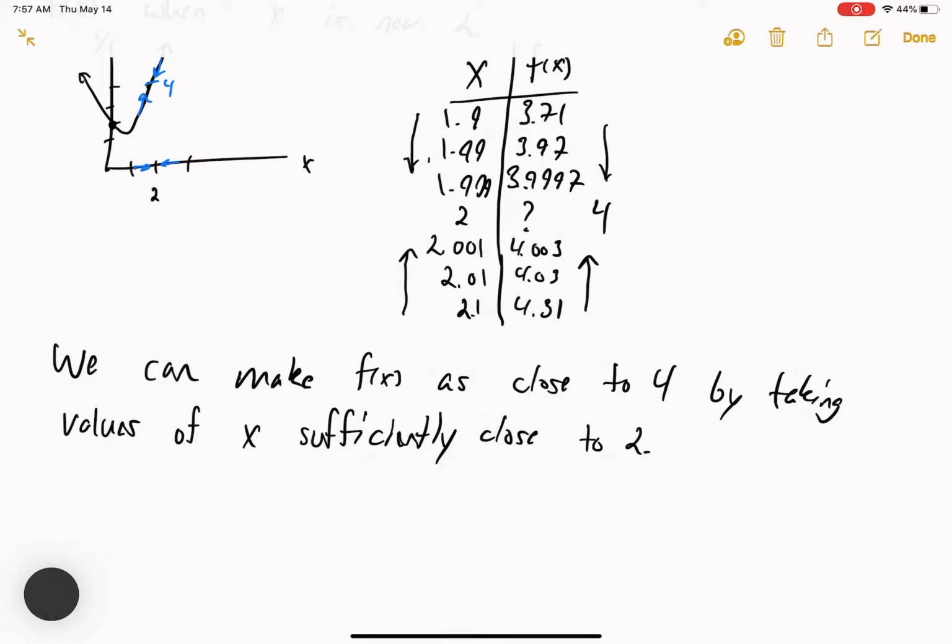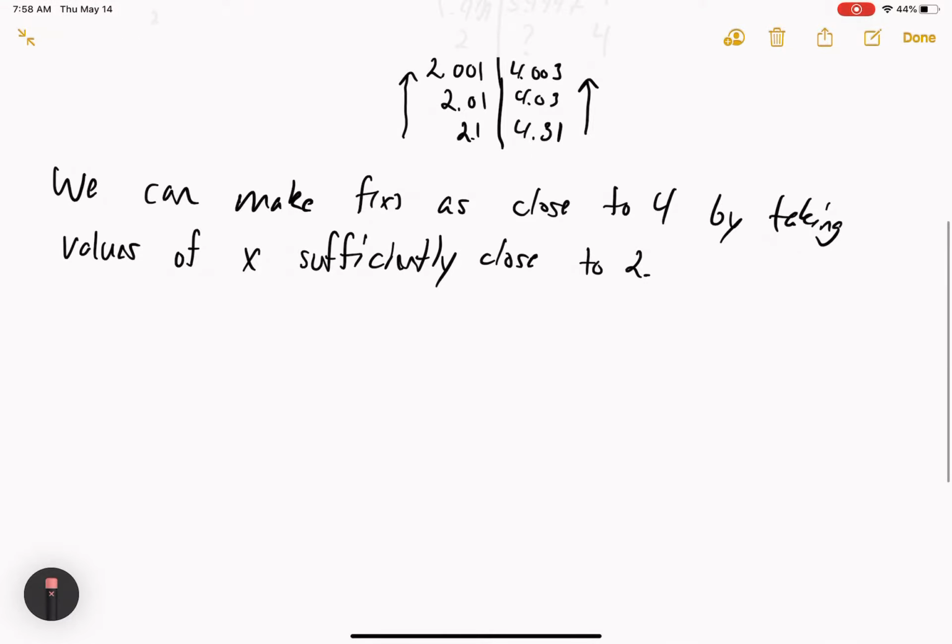So basically your x's depend on your f of x. You can't technically choose your x's first and say f of x is always near 4, but that's just a bit of a technicality. So, how can we say that?